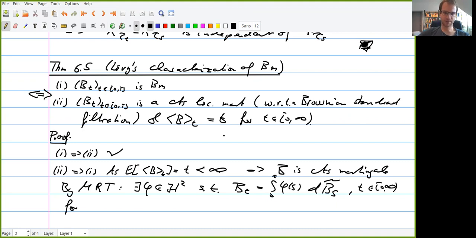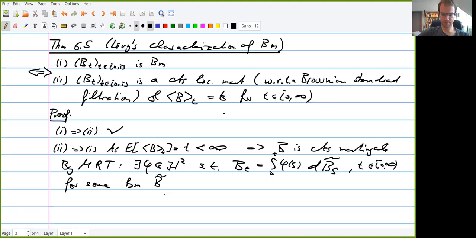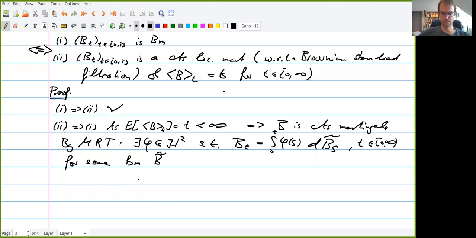And what we also know is that if we calculate the quadratic variation of B_t, this is nothing else than, using this representation, the integral from 0 to t of phi squared ds, right, because the Brownian motion has quadratic variation t.